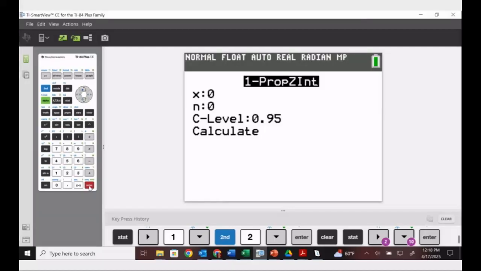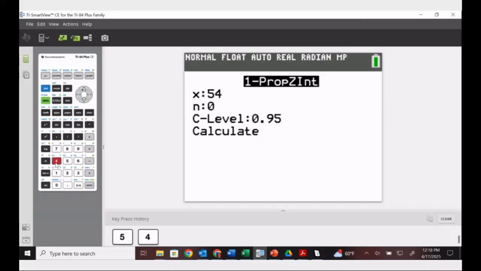So go ahead and do, what is 59% of 920? 542.8. So we're going to go 543. We'll round it up.